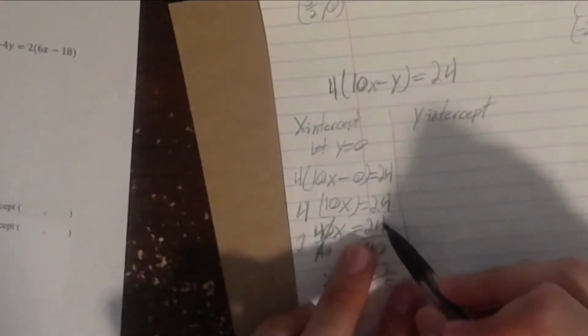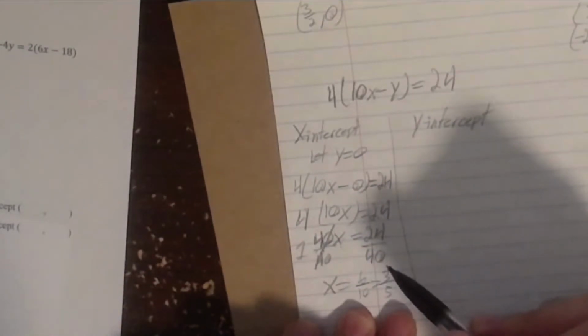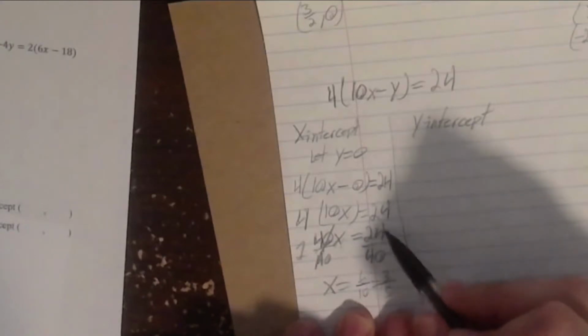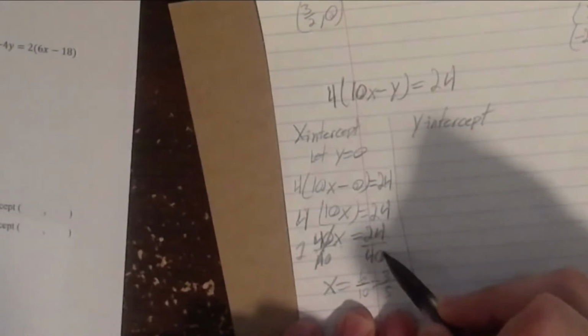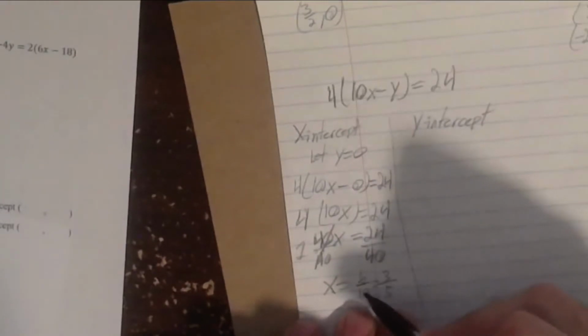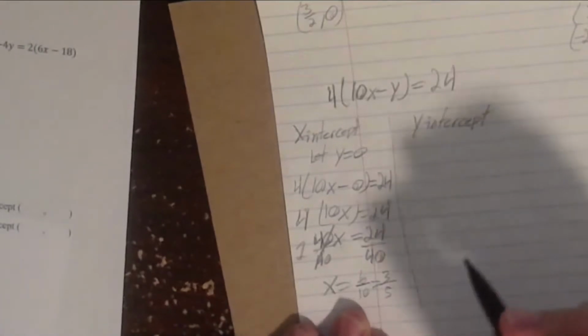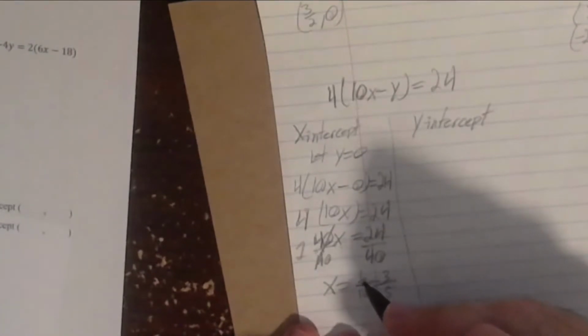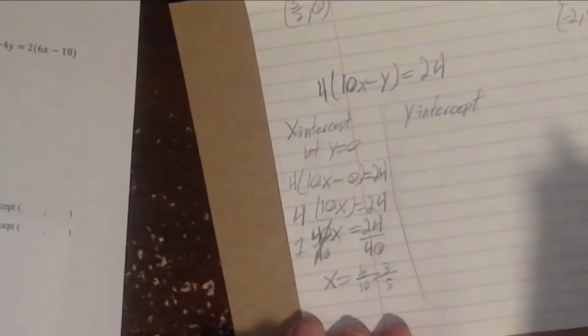Well, I know that 4 goes into 24 6 times, and 4 goes into 40 10 times, which is 6 over 10, which is 3 over 5, because 2 goes into 6 and 2 goes into 10. So, yeah, you could type this in the calculator. It doesn't matter.